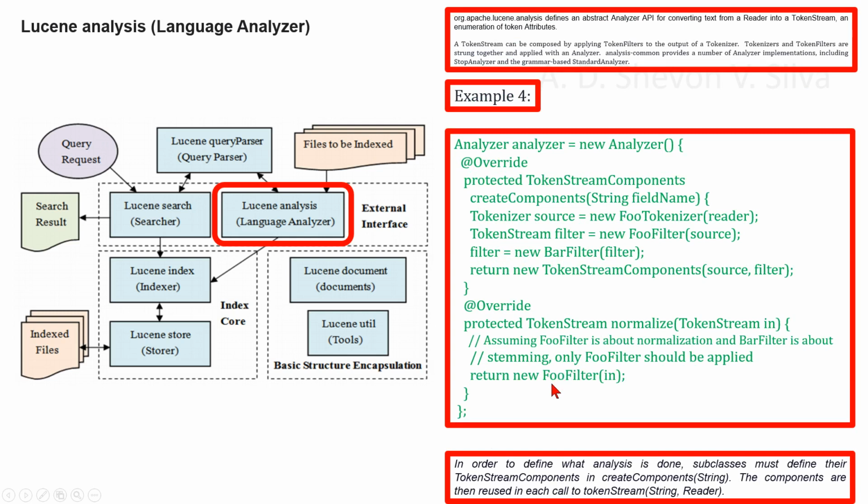An analyzer builds a token stream which analyzes text. It thus represents a policy for extracting index terms from text. In order to define what analysis is done, subclasses must define their token stream components.